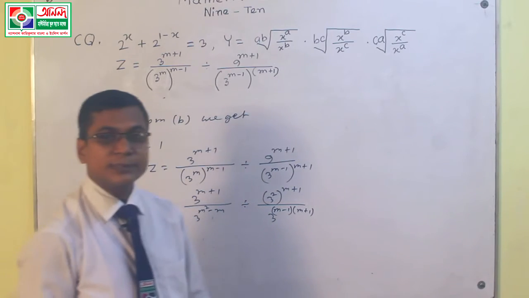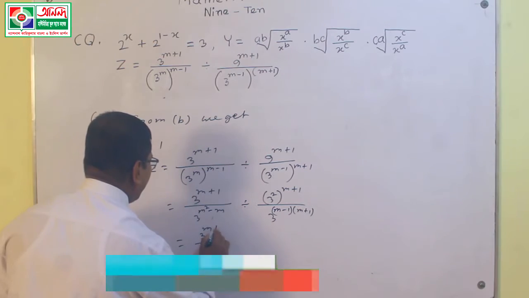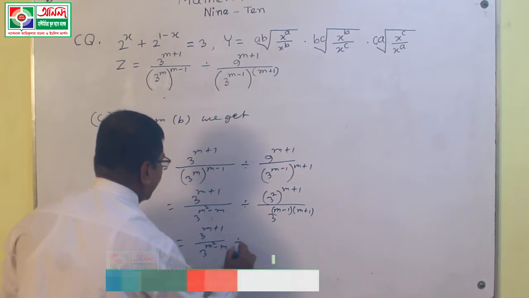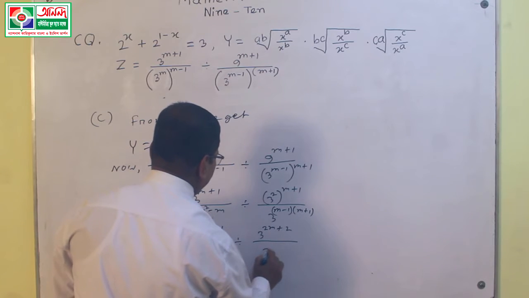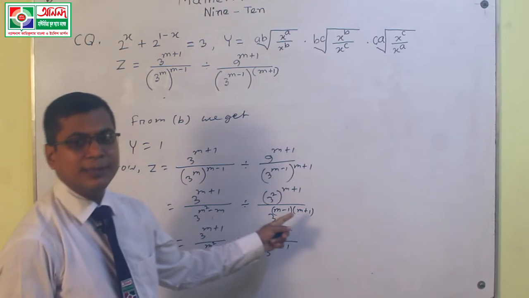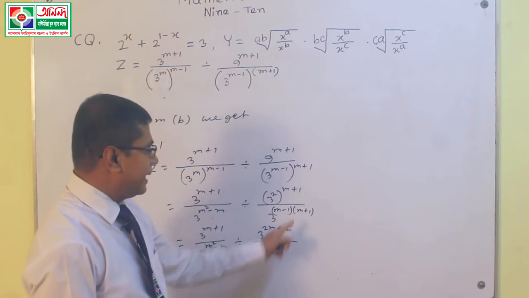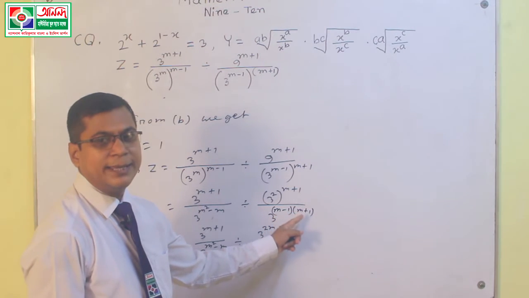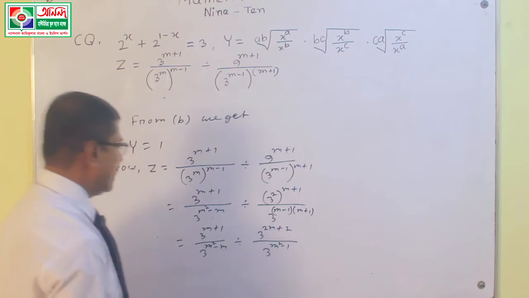Now we will multiply here 3 to the power m plus 1, 3 to the power m square minus m divided by 3 to the power 2m plus 2 divided by 3 to the power m square minus 1. Because here look at, we can apply the formula a plus b into a minus b equal a square minus b square. Here a is m and b is 1, so m plus 1 into m minus 1 means that a plus b into a minus b, so you can write here m square minus 1.